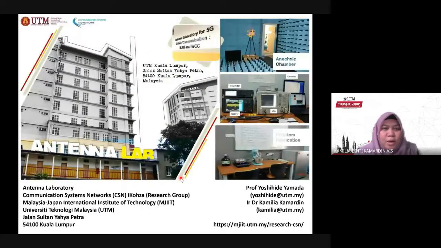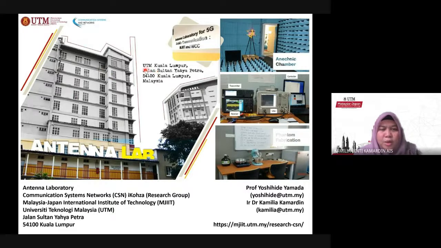Right. So before we end this lecture, this is our laboratory at MJIT. This antenna lab is in the building of the wireless communication center at UTM Kuala Lumpur. This is together with MJIT, and this is the MJIT building.